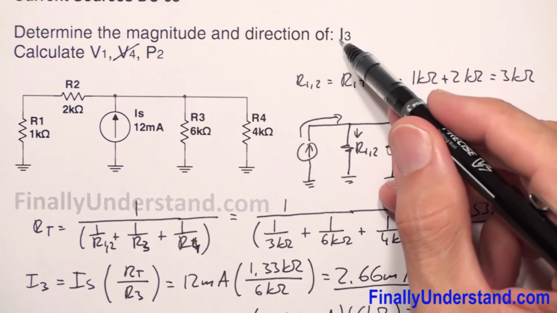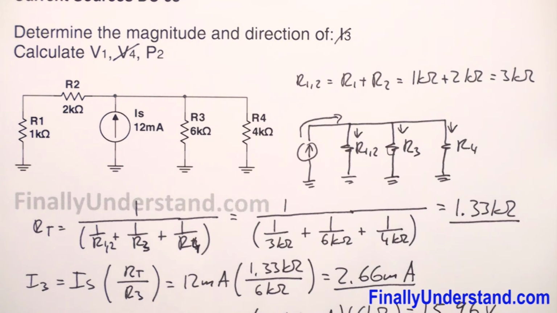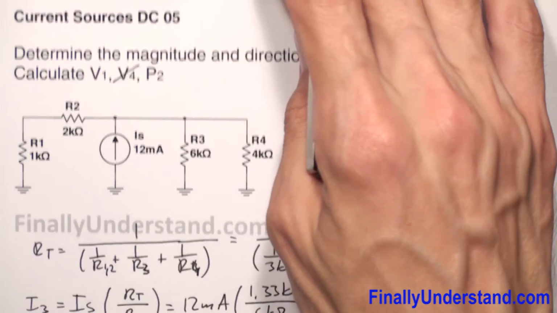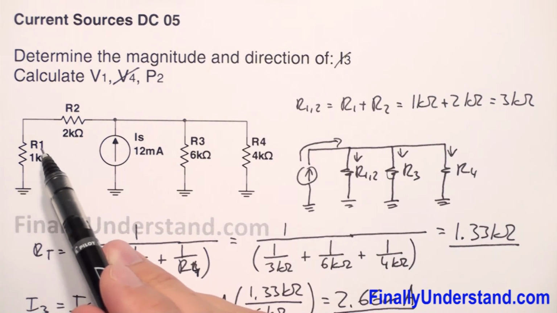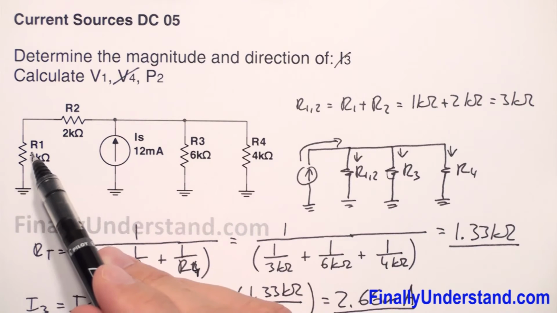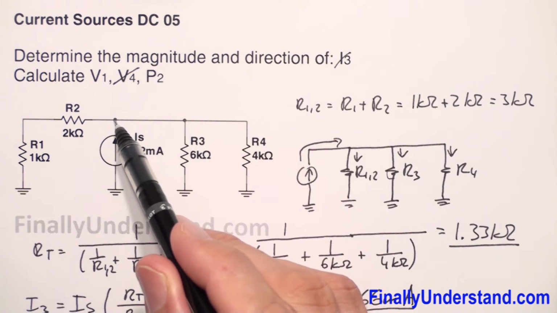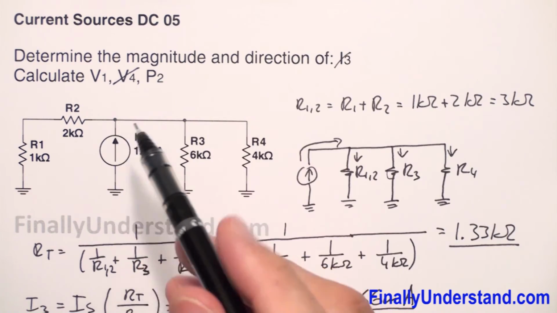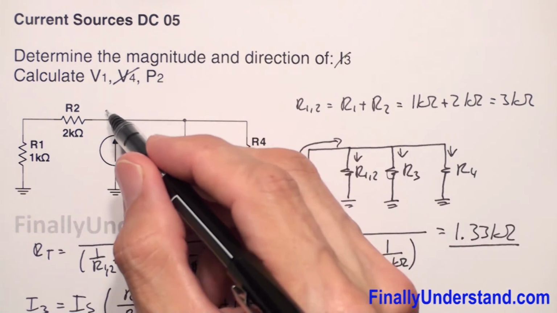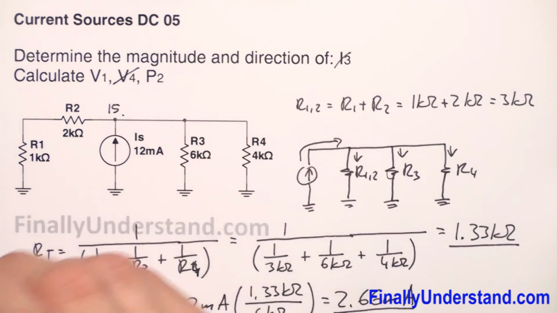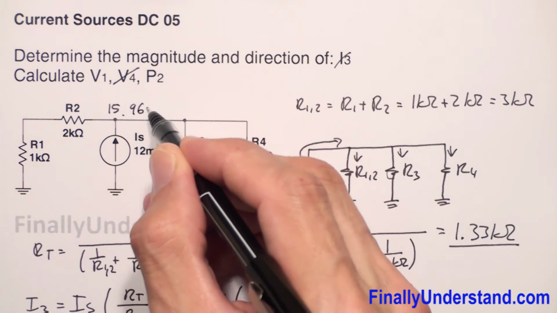I found I3. So if you want to find V1, the voltage across resistor R1, please notice that these two resistors are in series. We already found the voltage from this point to this point, right? So the voltage at this point is equal to 15.96 volts.